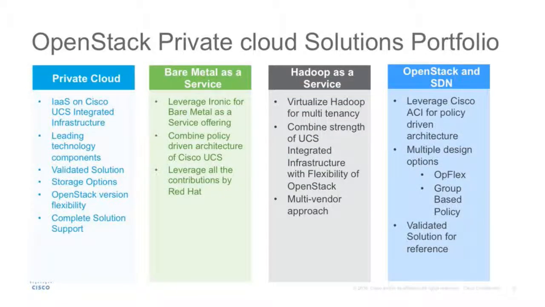From a solution portfolio perspective, for private cloud, we talked about the Ceph-based architecture. We talked about the FlexPod-based architecture. It's all about providing a validated solution in terms of providing multiple storage options that customers can leverage. So it's all about helping our customers adopt it without having to compromise on the choices, the options or the preferences that they have.